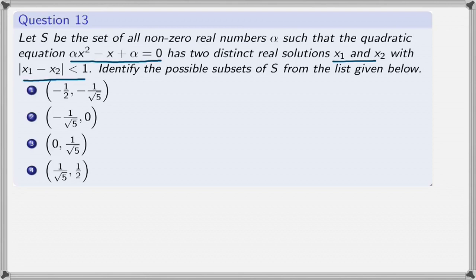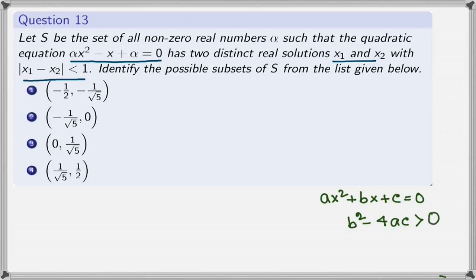For that, we first recall that for a real quadratic equation ax square plus bx plus c equals to 0, we know it has distinct real solutions if and only if b square minus 4ac is strictly bigger than 0.